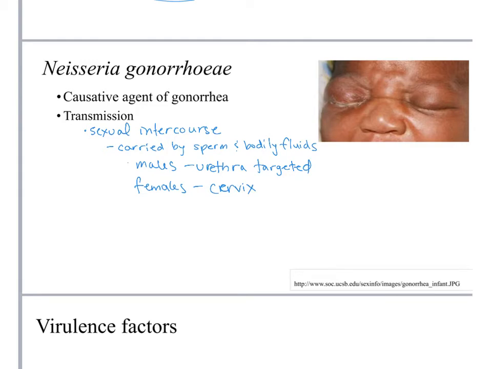Okay, so males are more likely to give the infection to females rather than the other way around, right? Because typically the bacteria hitches a ride on sperm. Okay. Also can be transmitted mother to child.